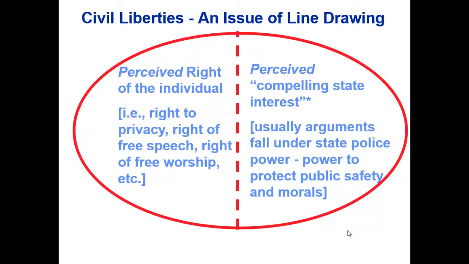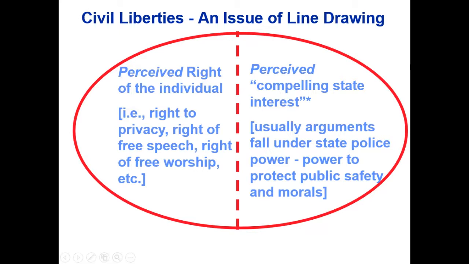Okay, so that particular point about Biden aside, the broader point that I'm trying to make here is that it's always a matter of line drawing, whether we're talking about the right of free speech or the right of free worship or any of these other civil liberties rights, where you have, on the one hand, the perceived right of the individual, right?